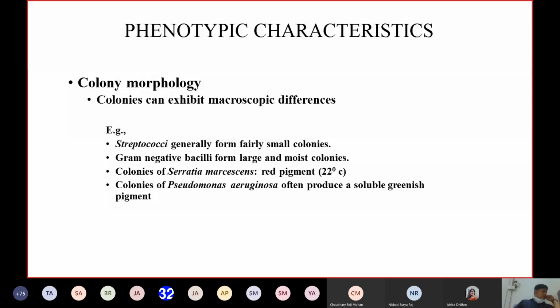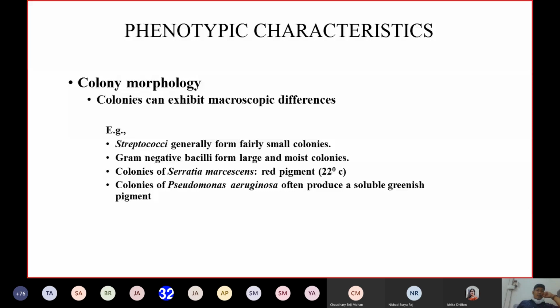I told you different bacteria, they have different macroscopic features. Now here you need to understand what is colony. When we culture organism in a culture plate, in a culture media, that could be blood agar, MacConkey agar, or any other agar, at that time, they will form visible structure that we say colony.